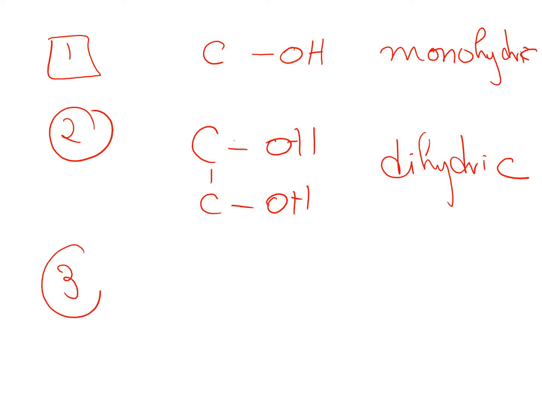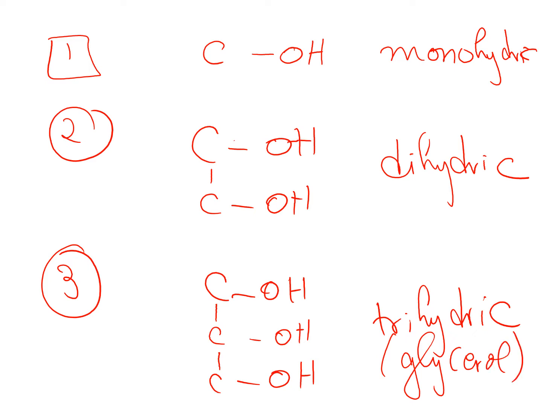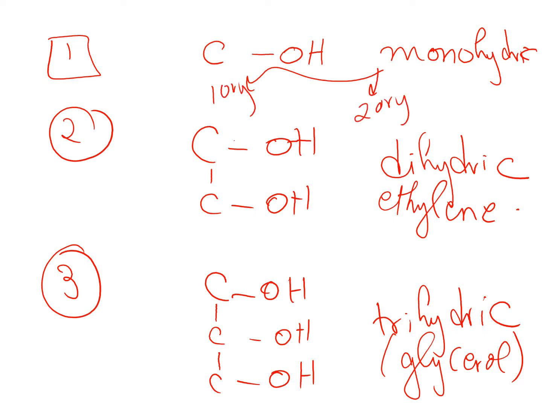If we have three OHs, then this is a trihydric alcohol. The most famous example of trihydric alcohols is glycerol. An example of a dihydric alcohol is ethylene glycol. And the monohydric alcohols are all the alcohols that we will deal with, whether primary or secondary or tertiary alcohols.